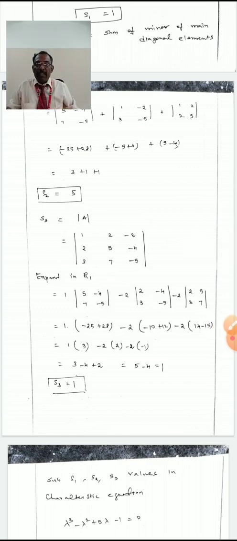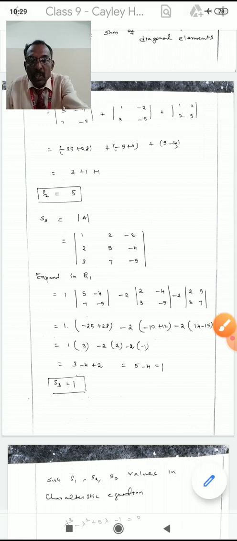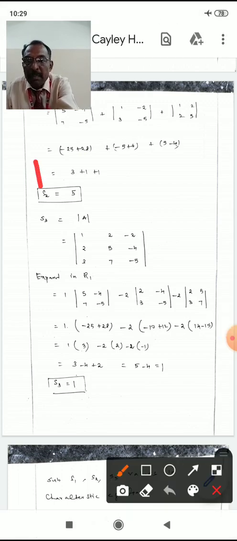Next, our aim is to find S3. What is S3? Determinant of the given matrix. Determinant of first row 1, 2, minus 2, second row 2, 5, minus 4, third row 3, 7, minus 5. Expand along the first row. The signs of the first row are plus, minus, plus.